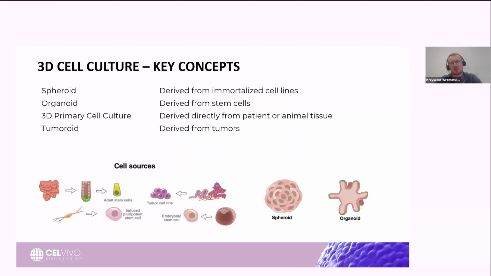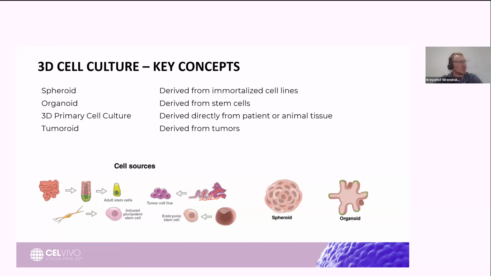And then coming back to the 3D cell culture and tissue models, we can divide the models based on the origin of the material used to create the constructs. So we have spheroids, which often would be created from immortalized cell lines. Then we have organoids, which are made out of different types of stem cells.